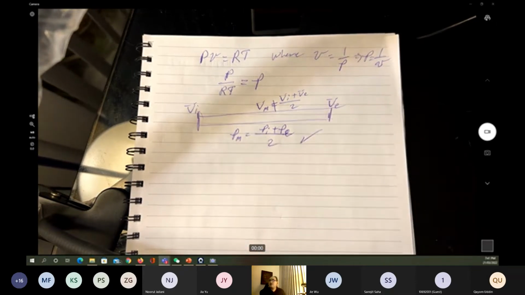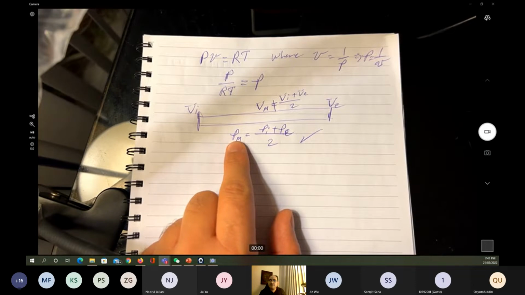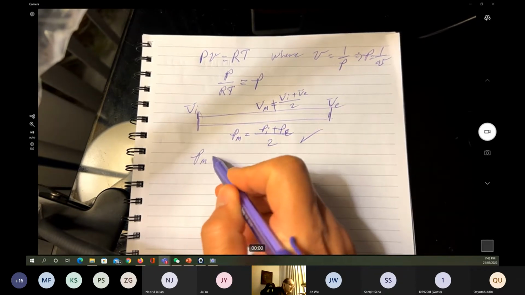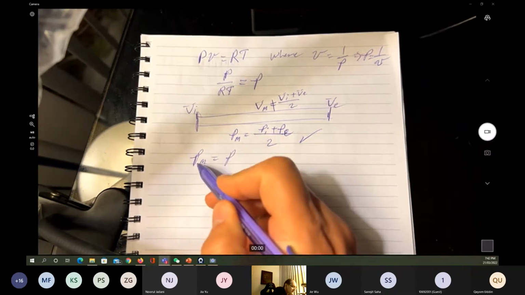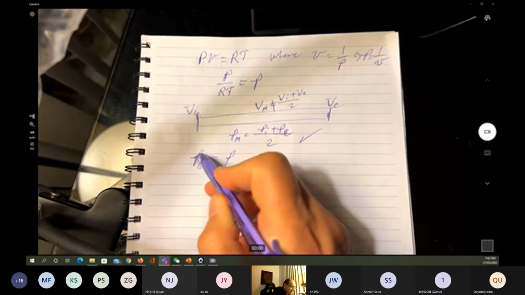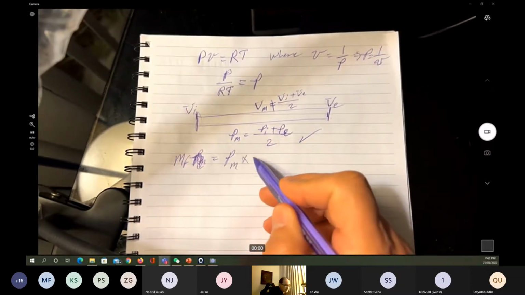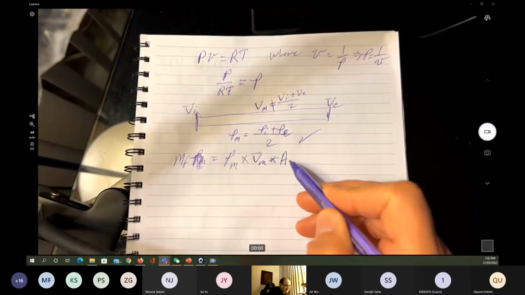This one is correct. So if I can find the rho m, the diameter is the same, so the area is going to be the same. We have the continuity equation. The mass flow rate is going to equal the rho m multiplied by the mean velocity multiplied by the area.